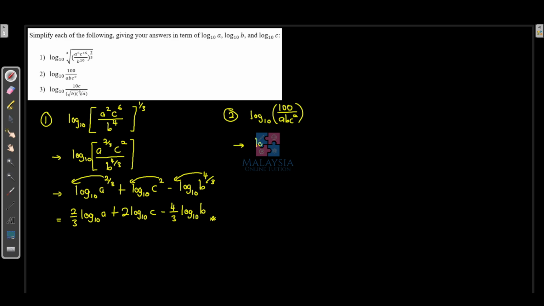So you write log base 10 of 100, and then minus log base 10 of a, because a, b, and c squared are multiplied but in the division part. That's why all of them are going to have the minus. Then minus log base 10 of b, and finally minus log base 10 of c squared. Remember, that is c squared.